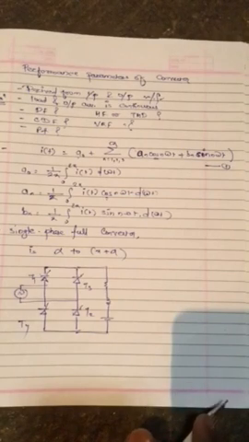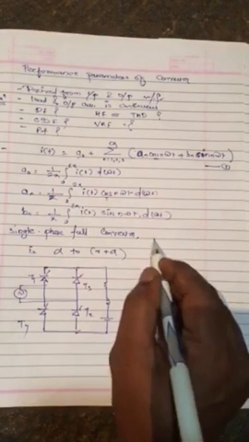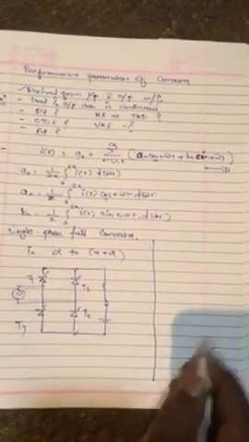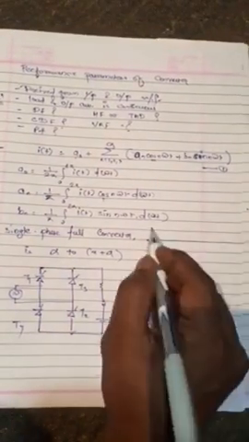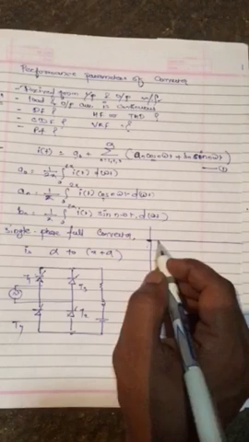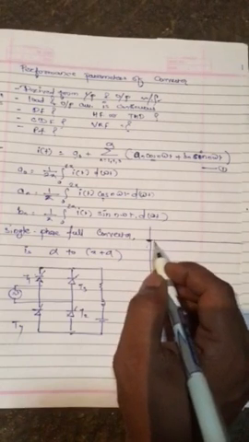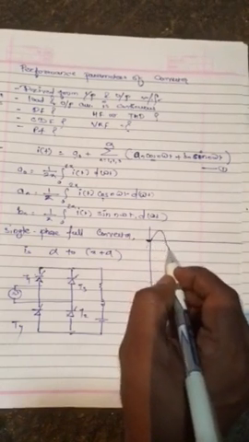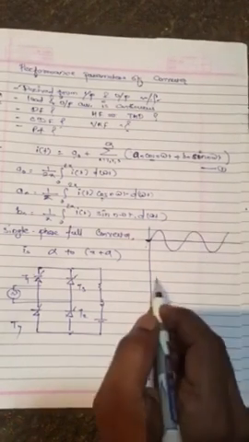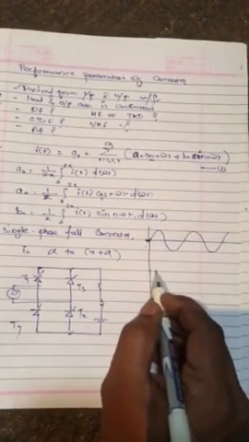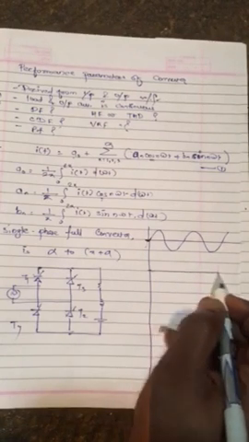Now what was the source current waveform, if you remember? I will just remind you. The source voltage waveform was like this, AC. Then the output voltage depends on the firing angle alpha.